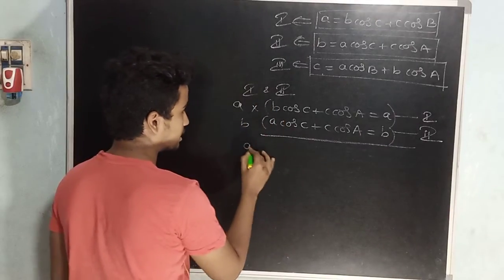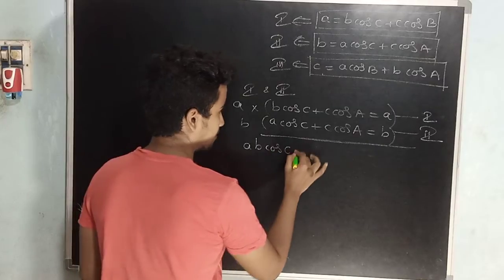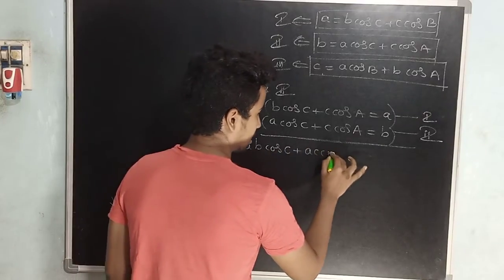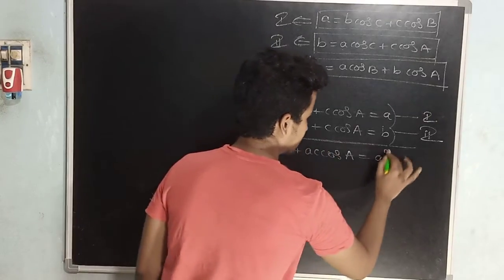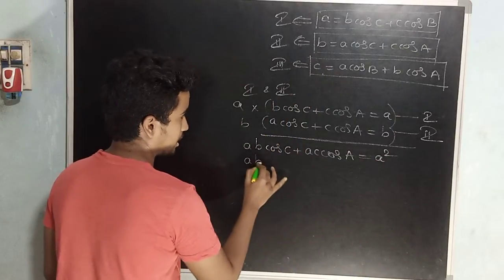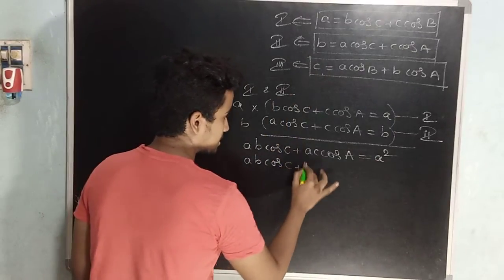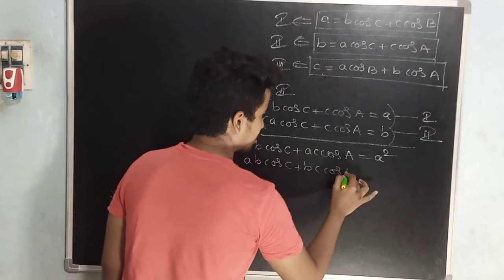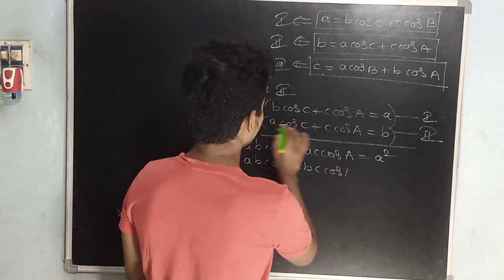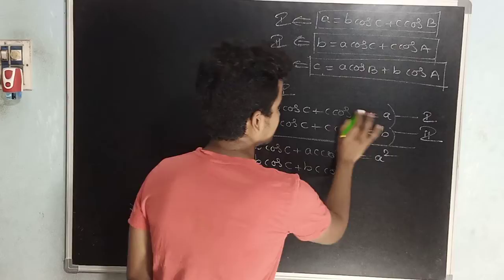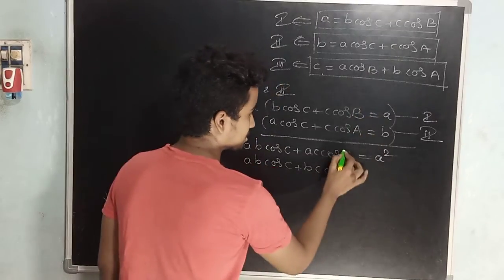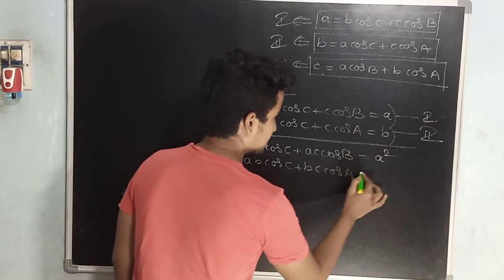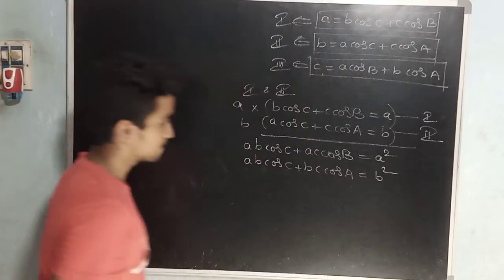So what I am going to get: AB cos C plus AC cos B is equal to A square. And AB cos C plus BC cos A is equal to B square.